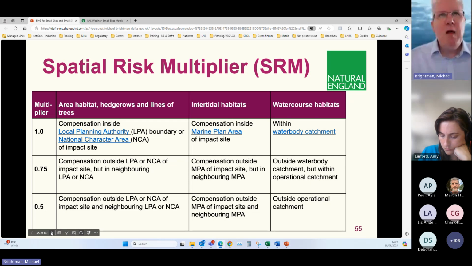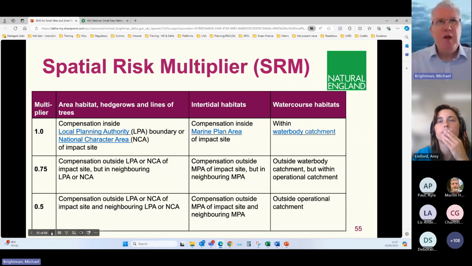For that same area habitats and hedgerows and lines of trees, where they compensate outside the LPA or NCA, but in a neighbouring one, then the multiplier is 0.75. And when it's further away, it's 0.5, therefore leading to twice as many units needing to be purchased to make up the same amount of units. For intertidal habitats, the mechanics is the same: the multiplier of 1 is where it's delivered locally, where locally means within the same marine plan area.